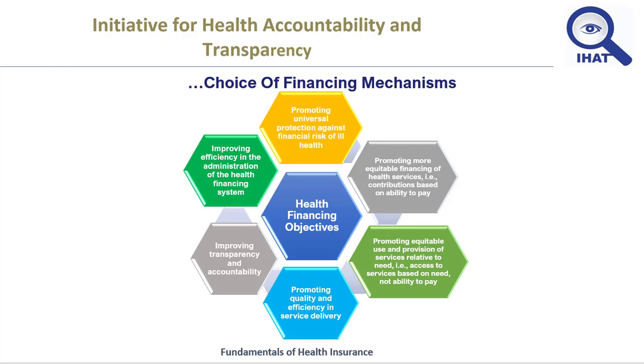That is, the contributions are based on ability to pay. The third objective is promoting equitable use and provision of services relative to need. That is, access to services should be based on need and not the ability to pay.